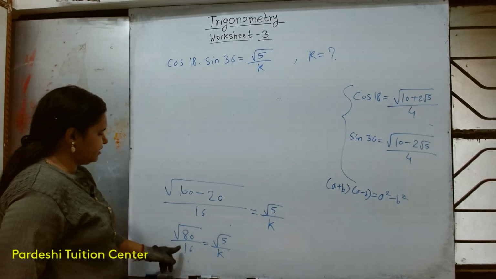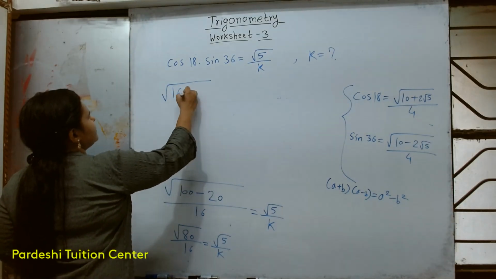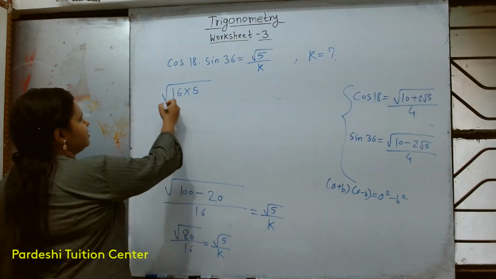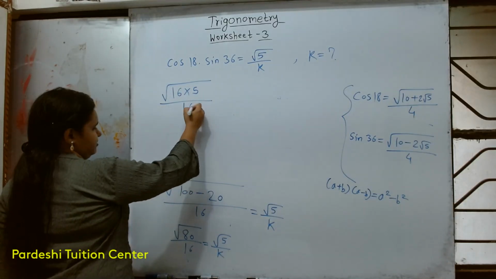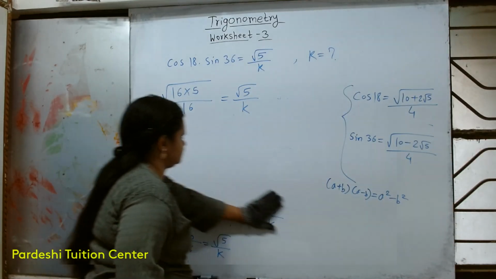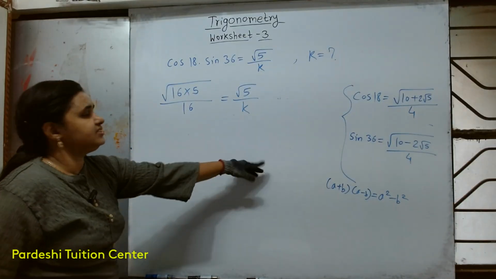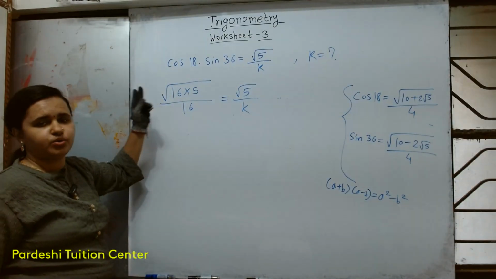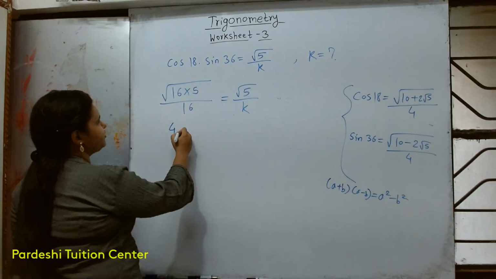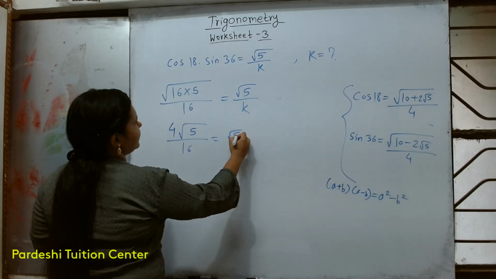We can write 80 as 16 fives, so under root of 16 fives upon 16. Taking 16 out of the square root gives 4, so it will be 4 root 5 upon 16 equals root 5 by k.